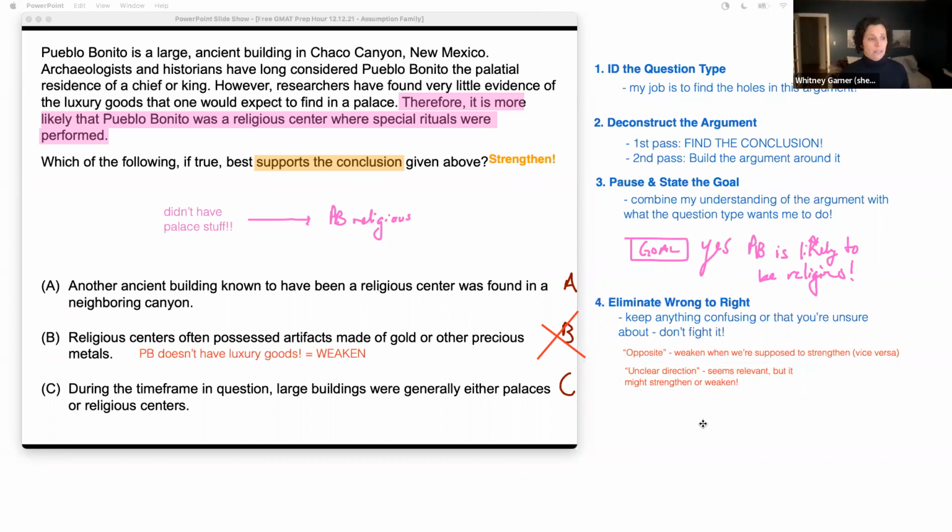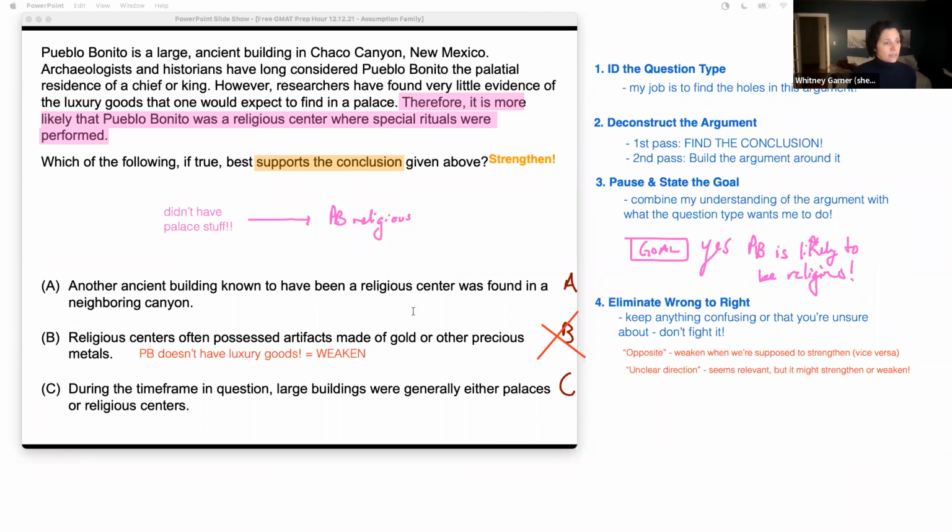In this case, the fact that there are religious centers in these neighboring canyons might make it more likely that Pueblo Bonito could be a religious center. It might also be the case that if there's already a religious center right next door, then maybe it's less likely that this is one. I don't even know if that neighboring canyon is part of the same group of people who were inhabiting Chaco Canyon, because it may have been an entirely different group of indigenous peoples. So it's really unclear how this would impact.